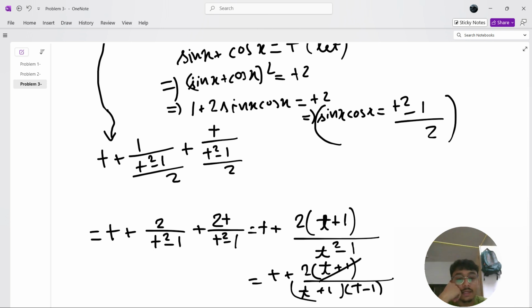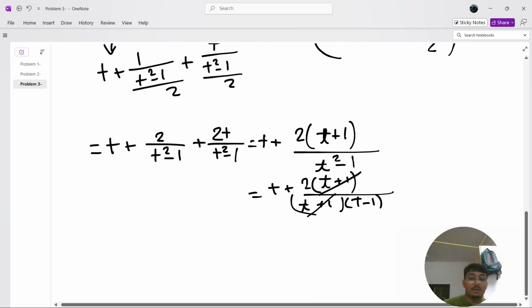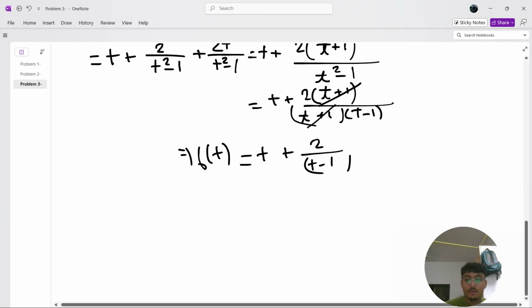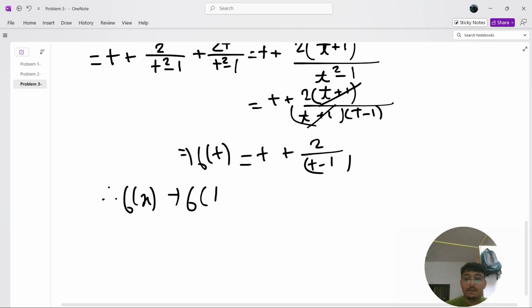So t plus 1 and t plus 1 get cancelled. Ultimately my f of t is equal to t plus 2 by t minus 1. Therefore my f of x has become f of t.